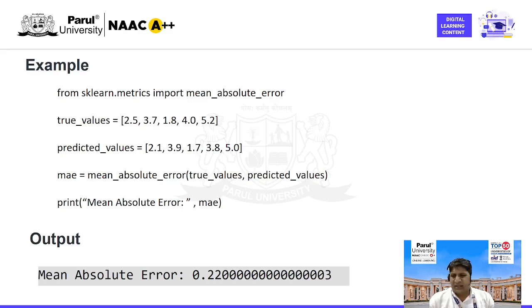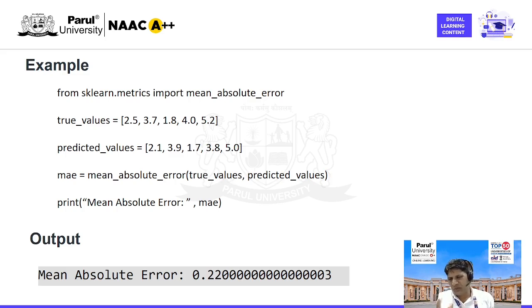You can see an example. First of all, you need to import the mean absolute error method, which is provided by scikit-learn metrics. From sklearn.metrics, import mean_absolute_error. The second one is the true values, which you have to provide. The true values are 2.5, 3.7, 1.8, 4.0 and 5.2. These are the actual values.